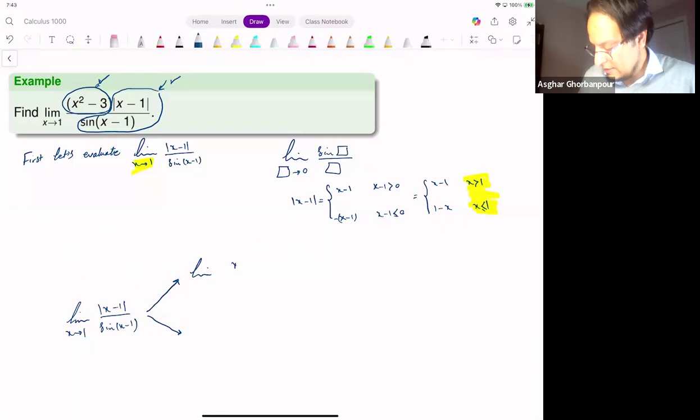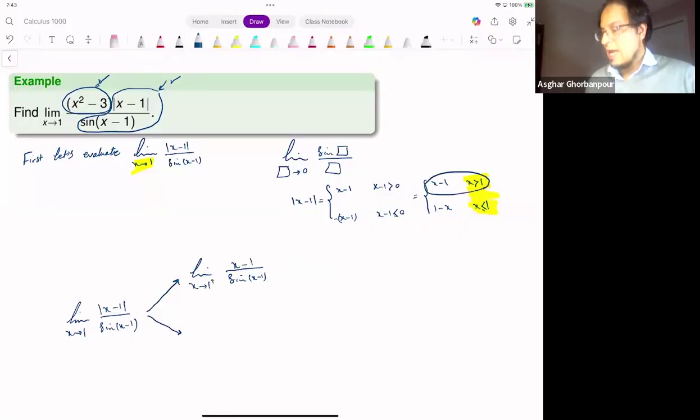So take the limit as x goes to 1 from the positive side. If I approach 1 from the positive side, the absolute value of x minus 1 is nothing but x minus 1.